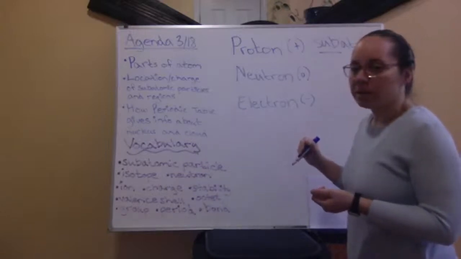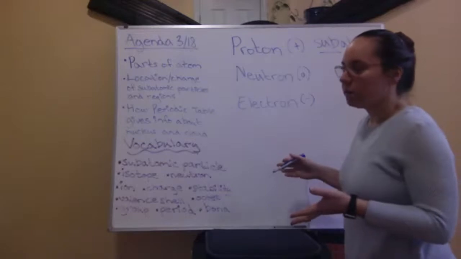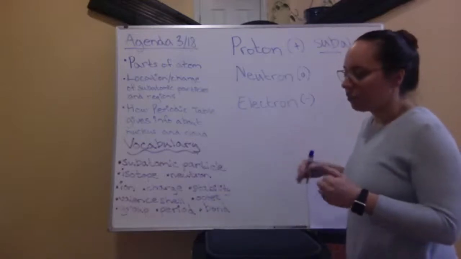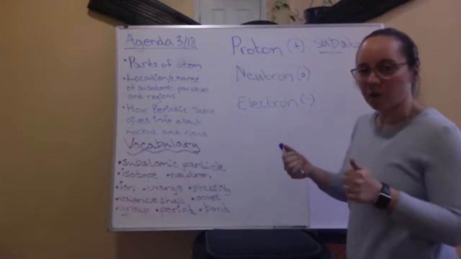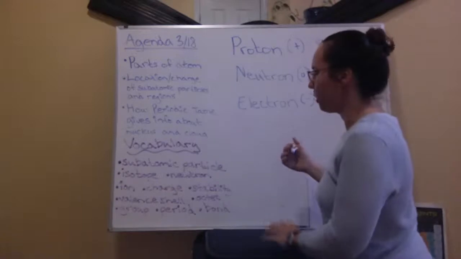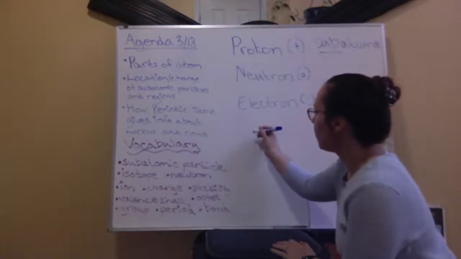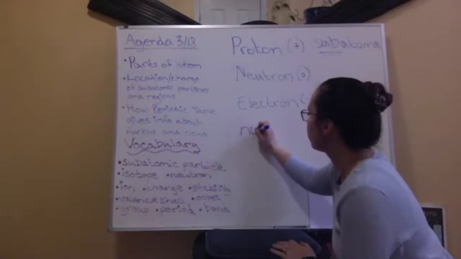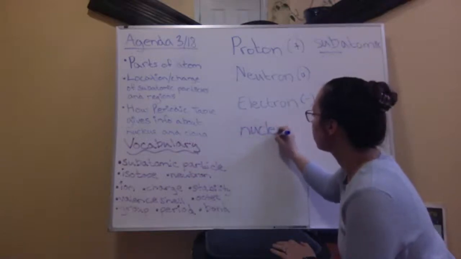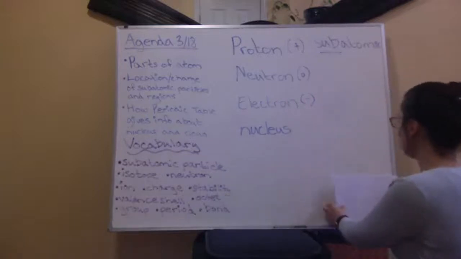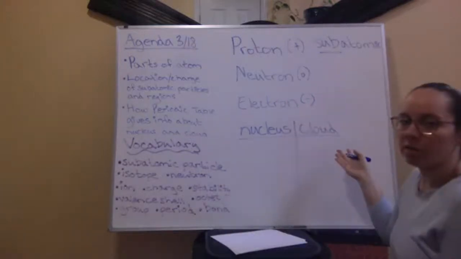What I'd like for you guys to do is, in your notebook on a sheet of paper, create a chart that looks like this. I'm going to be filling it in with you, and I'll hold up my notes and show you where I'm at so you can follow along with me. Make a chart that looks like this, with a column for your nucleus and a column for your cloud.